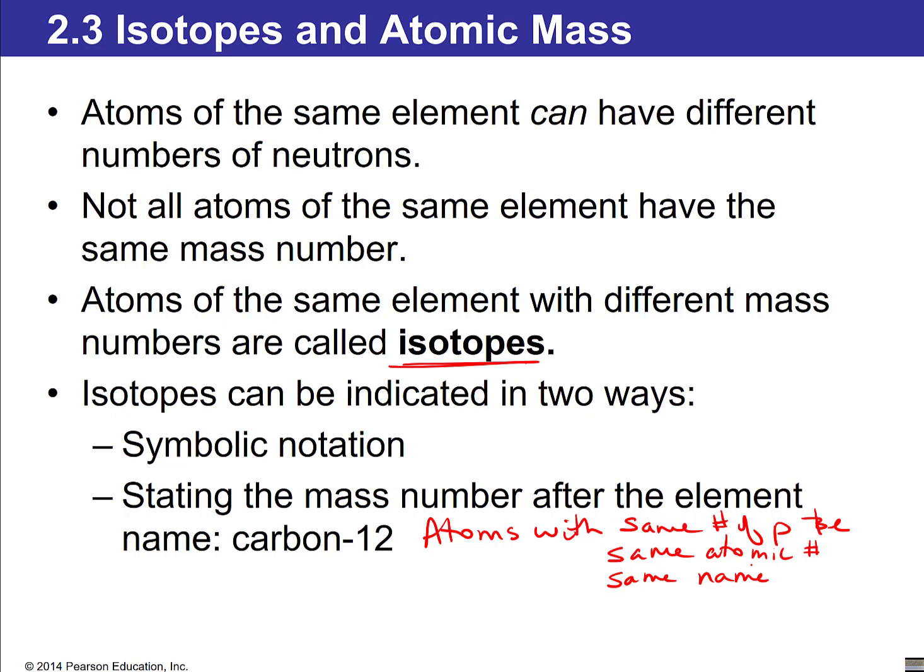Because remember, protons and neutrons each give the atom a relative mass of 1. So they differ in numbers of neutrons, and therefore they differ in atomic mass. These are isotopes.